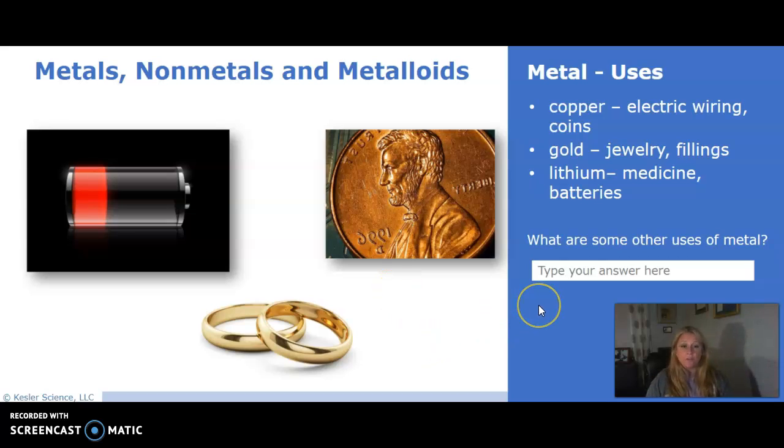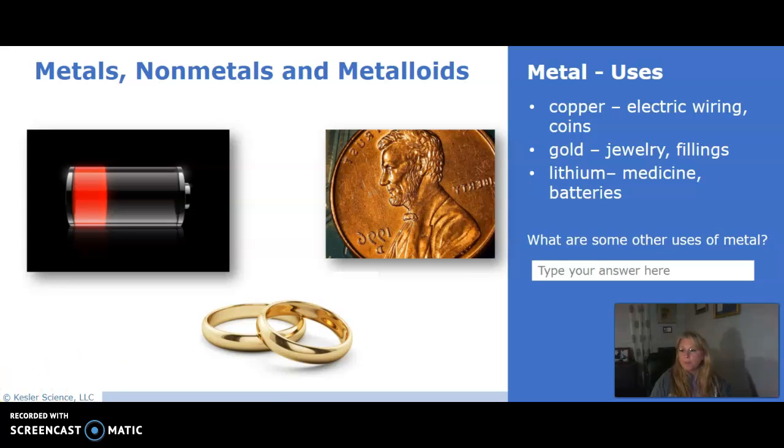And what are some other uses of metal? Type your answers in that box. I'm sure that many of you probably put down some examples of building structures, metals in phones, building fences, things like that. Metals can be used for quite a bit of things since there's so many of them for us to use.